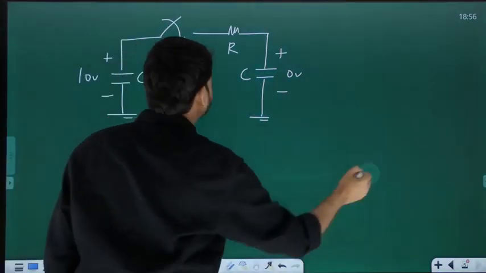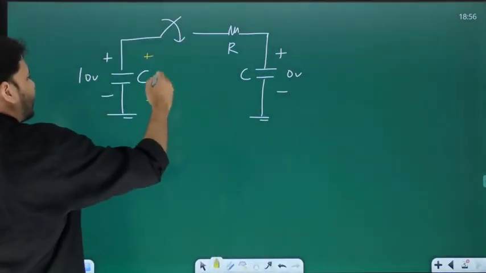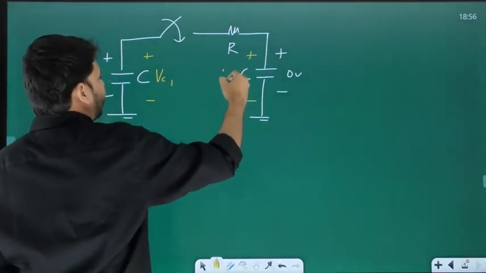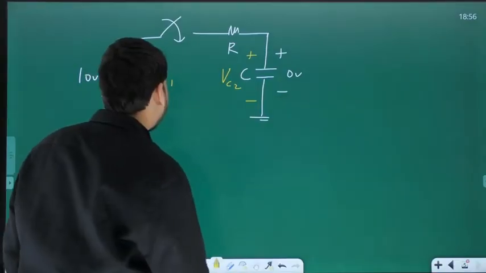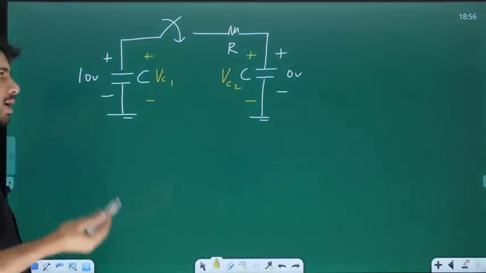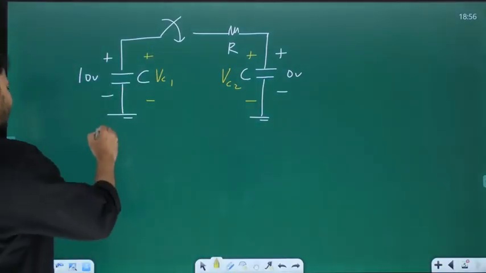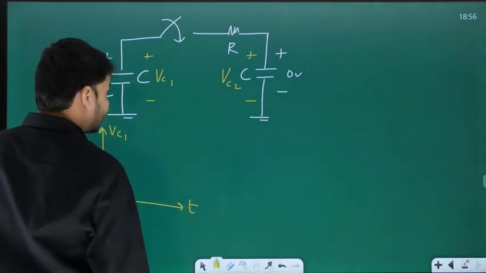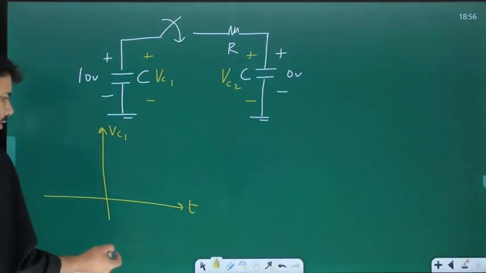And then let the voltage drop across the first cap be some Vc1. Let the voltage drop across the second cap be some Vc2. Let me just quickly plot Vc1 versus t. Here's Vc1. This is t.